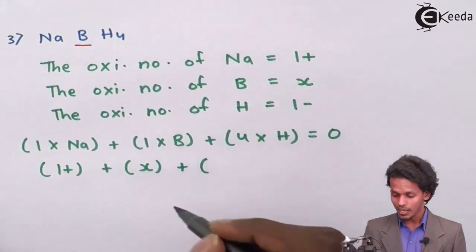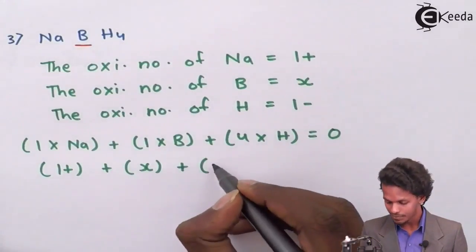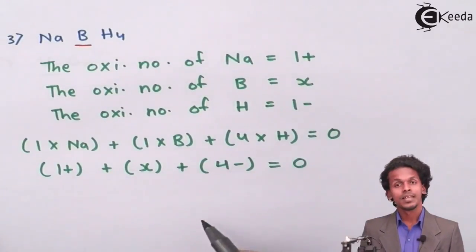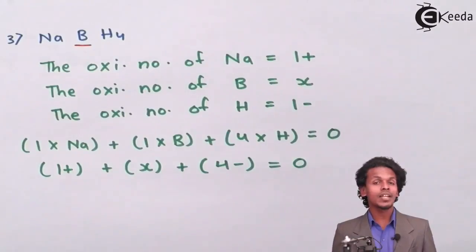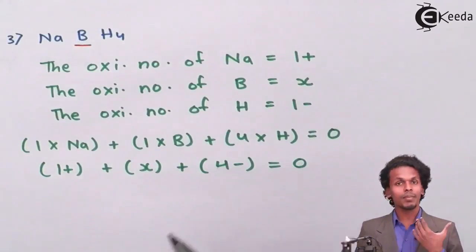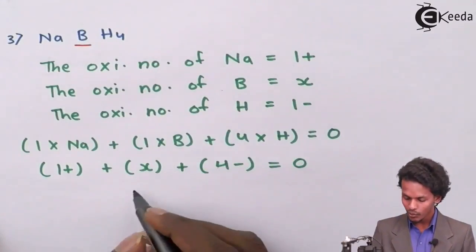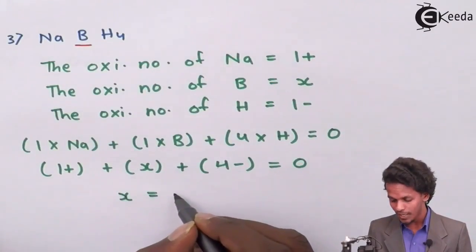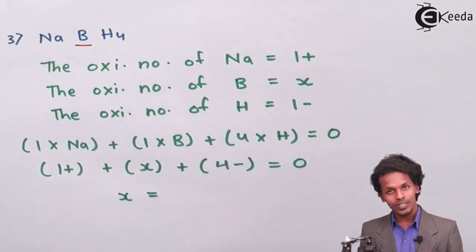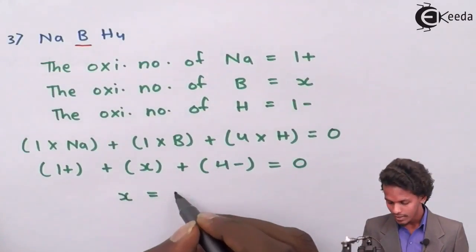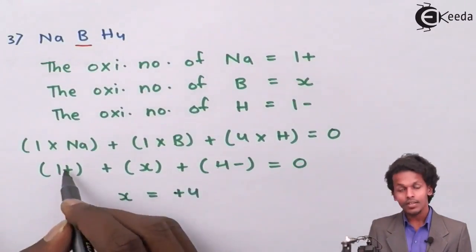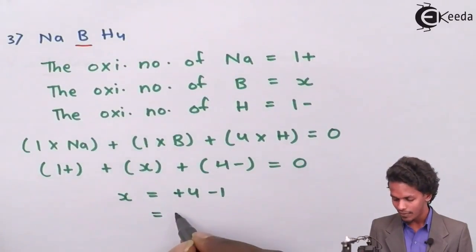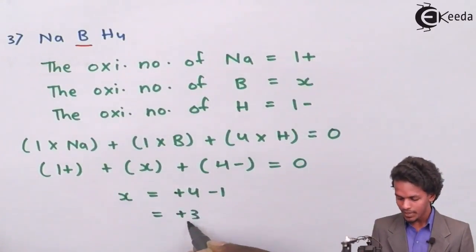So the overall charge from hydrogen can be written as 4 minus, which equals 0. And since we are relating it with charge, this 4 minus will be minus 4 itself. So we are shifting the terms to the other side, so this minus 4 would be plus 4, and this 1 will be minus 1. So therefore X will have a value of plus 3.